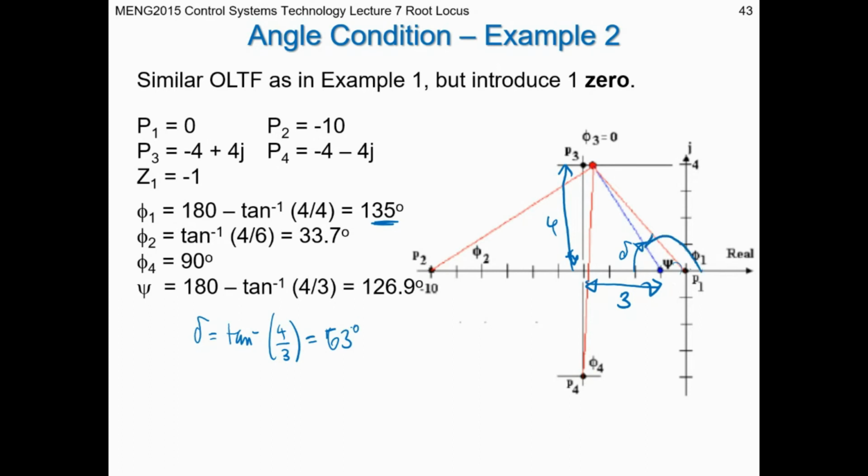And what we really want is this angle here, this is theta Z1. It's going to be 180 minus 63, which is 127, I think. All right, so that's how we got angle theta Z1.